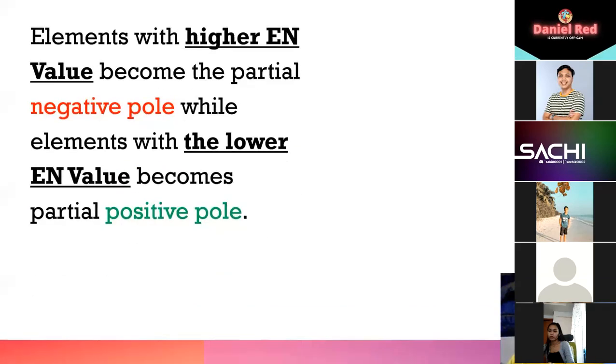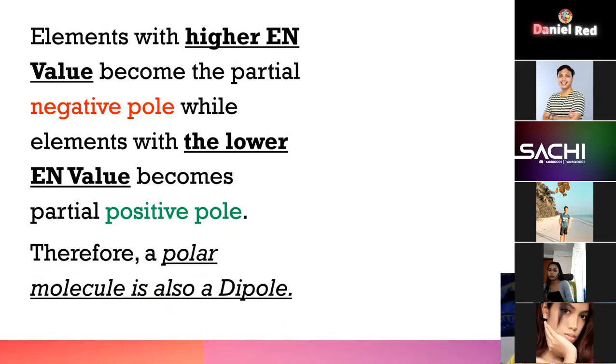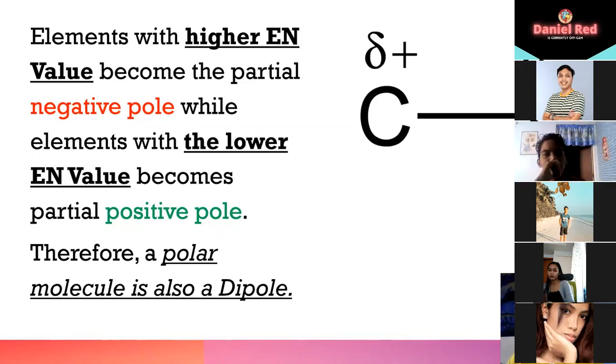Elements with a higher EN value become the partial negative pole, while the elements with a lower EN value become the partial positive pole. Take note of this important rule because you can use it throughout our discussion. Also remember that a polar molecule or a polar covalent bond is also a dipole. During the dipole process, it creates two charges of poles, the positive and the negative.